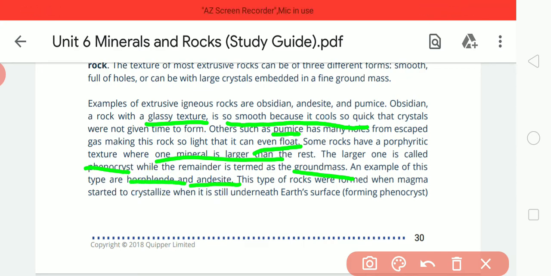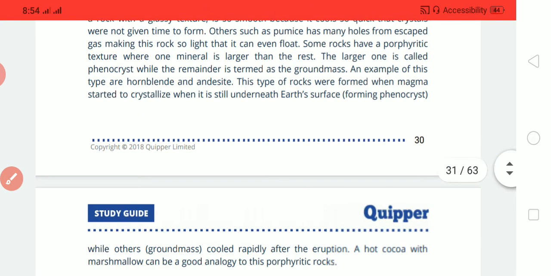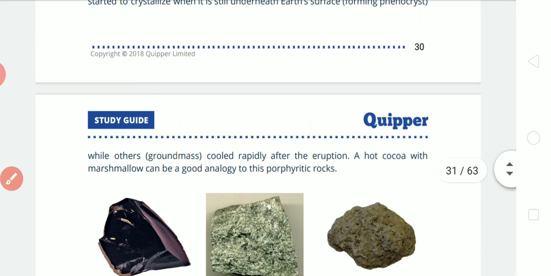These rocks were formed when magma started to crystallize while still underneath the Earth's surface, forming phenocrysts, while the groundmass is what cools rapidly after the eruption.